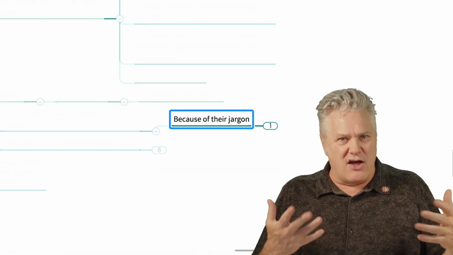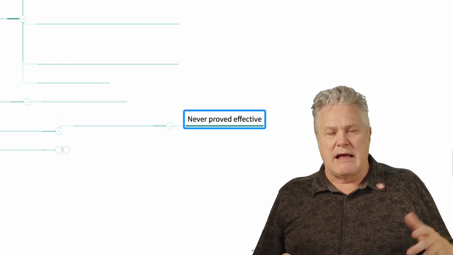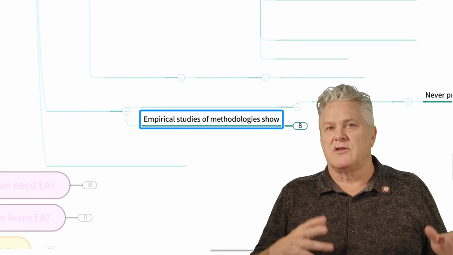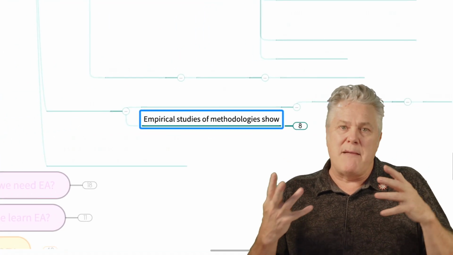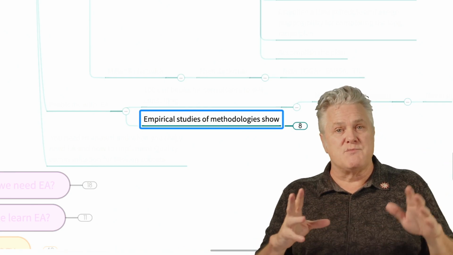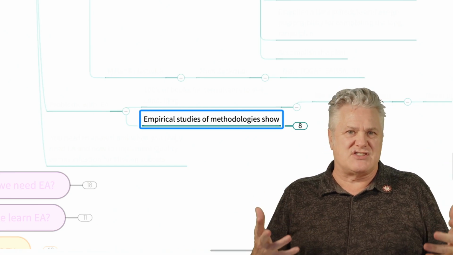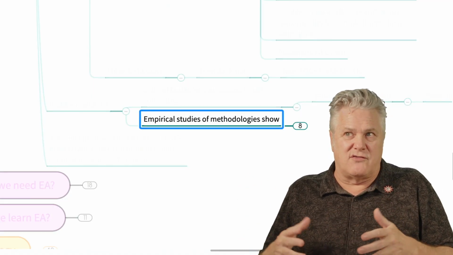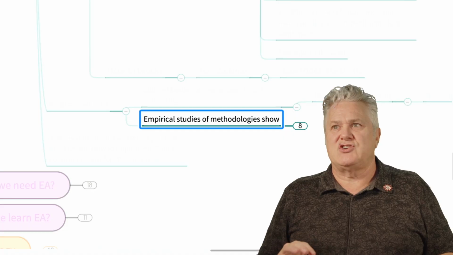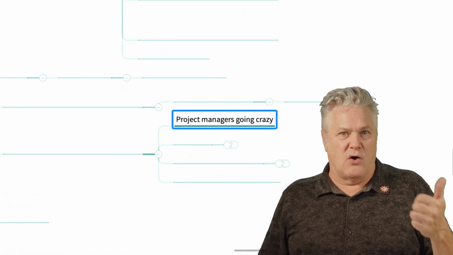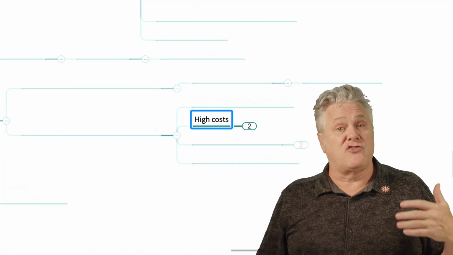They're trying to sell you this jargon, and it never has proved effective. In fact, my major source says that all of the studies of all of those methodologies that aren't TOGAF, SABSA, ITIL, those kinds of things, at this moment in time, show that the project managers are going crazy. Okay, they don't know what they're doing. The costs go out of control.